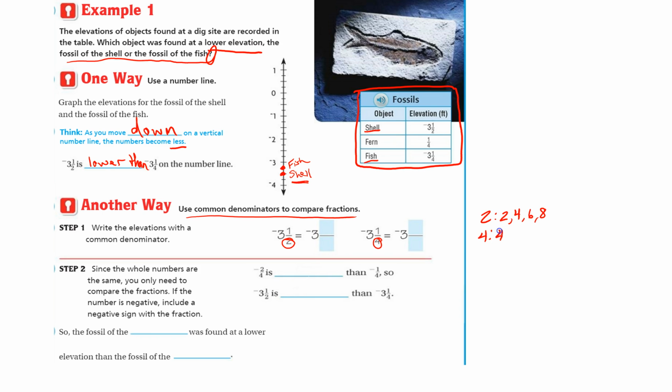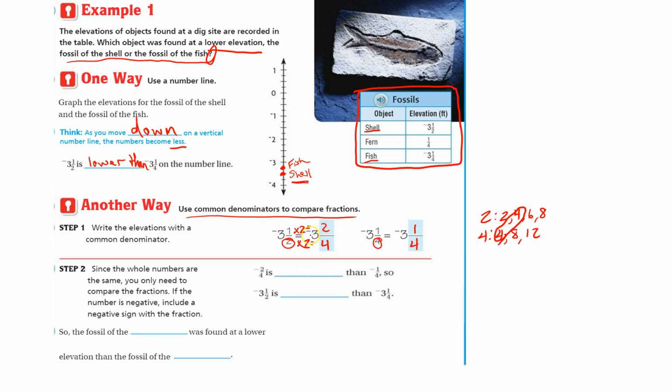Count by 4's: 4, 8, 12. We want the least common denominator. So that's going to be 4. So we want this to have a denominator of 4, so we have to multiply by 2. 1 times 2 is 2. The other already has a denominator of 4, so we can just leave that one.